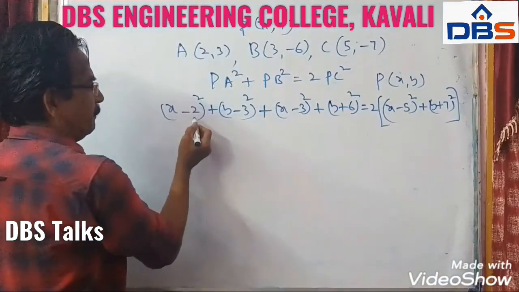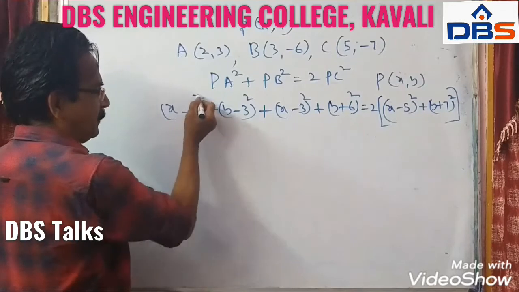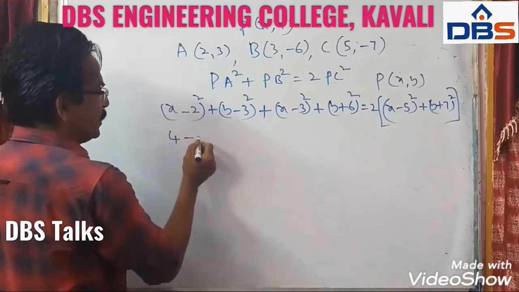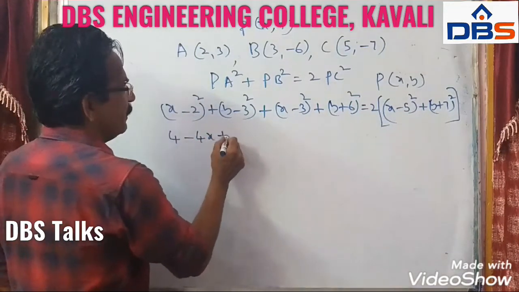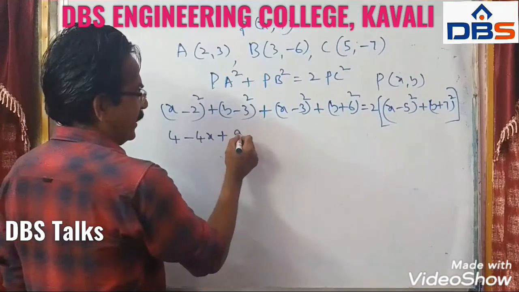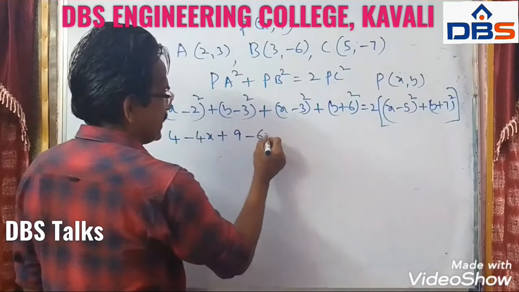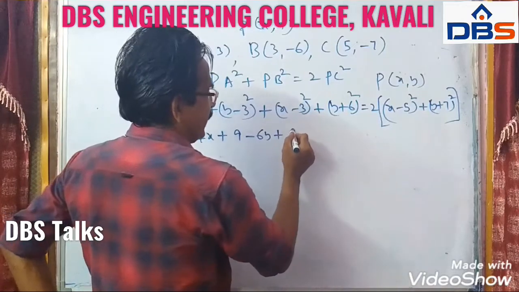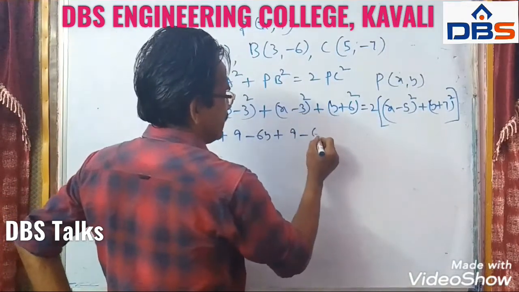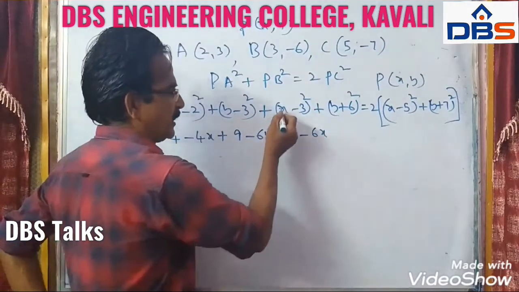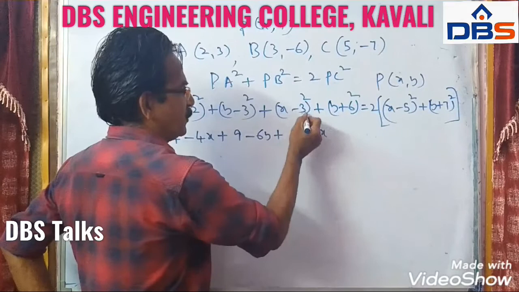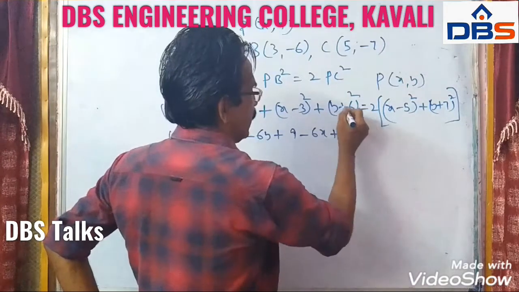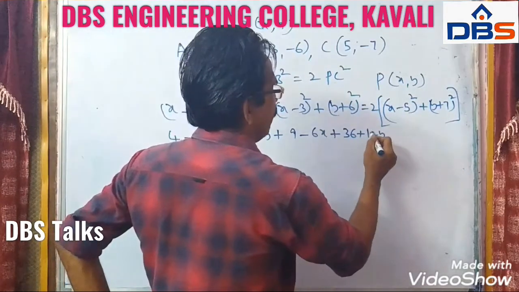Okay. See, x square plus 4, a minus b whole square is a square plus b square minus 2ab, 2 2's 4x, plus a square plus b square minus 2ab, 2 3's 6y, plus x square, 9 minus 2 3's 6x, and y square plus 6 whole square, b square plus 2ab, 2 6's 12y.